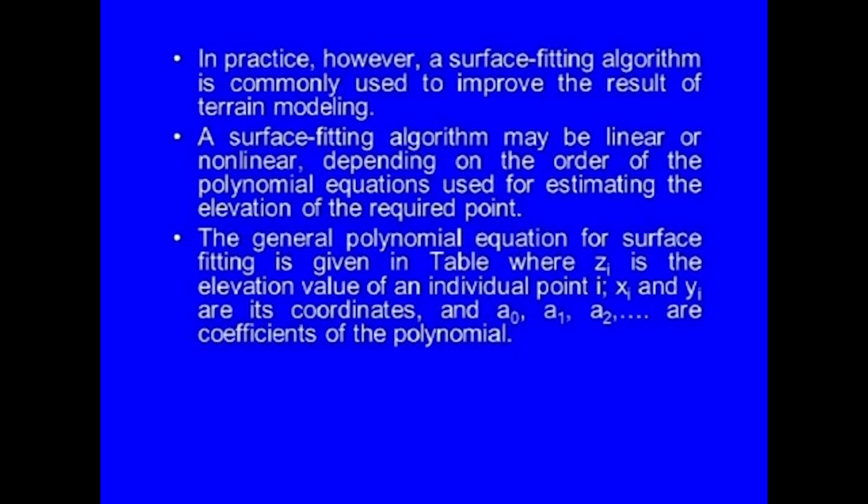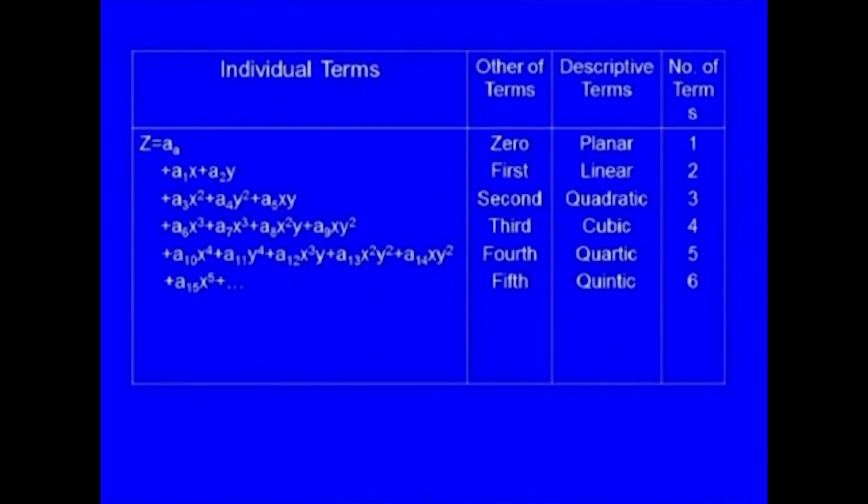The general polynomial equation for surface fitting is given in the next table, where Zi is the elevation value of an individual point i, xi and yi are its coordinates, and a0, a1, a2 and so on are the coefficients of the polynomial. So, let us look at the general polynomial equation.